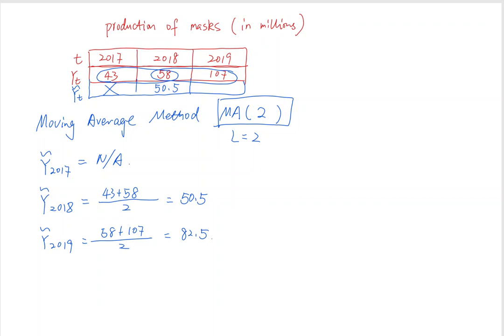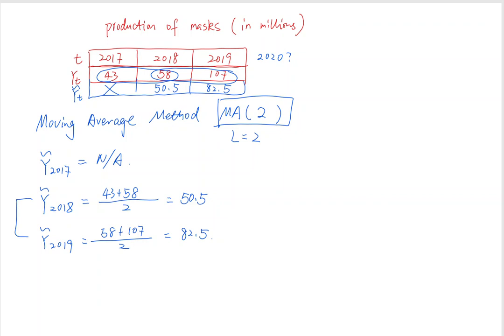Do we have the estimated value for next year, 2020? No, because you don't have the observed value here. Theoretically, to get the estimated value of 2020, you need to average these two, but you don't have that value, so we only have these two estimated values.